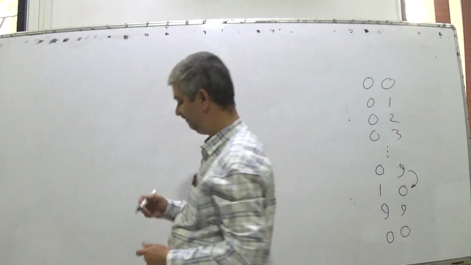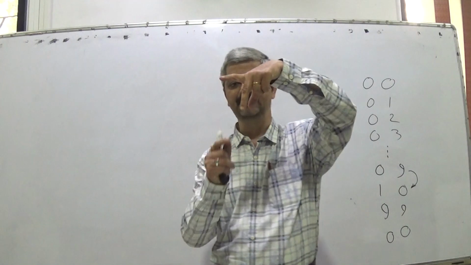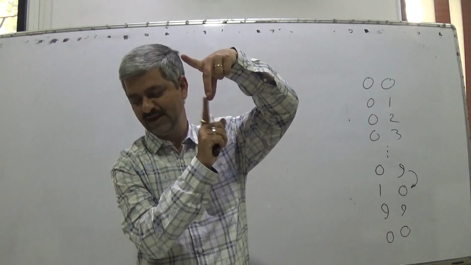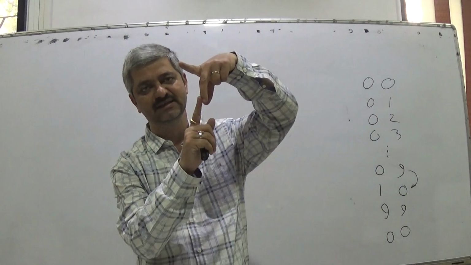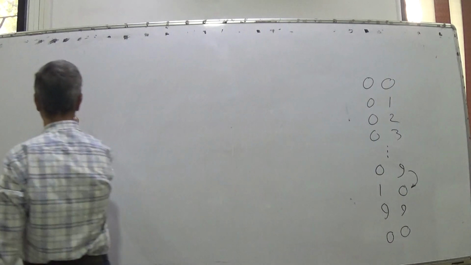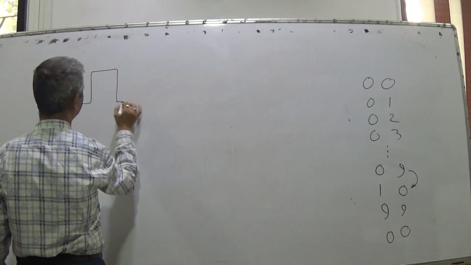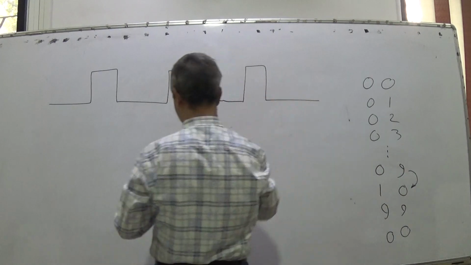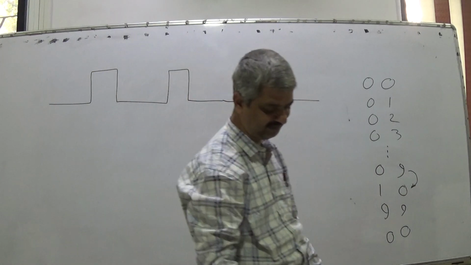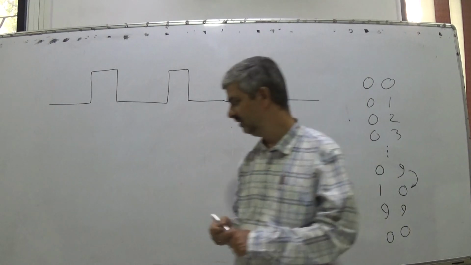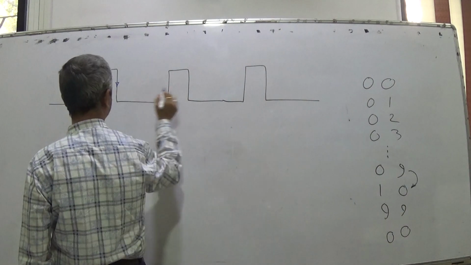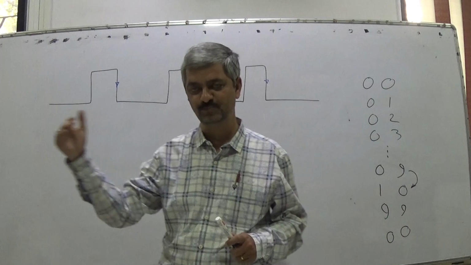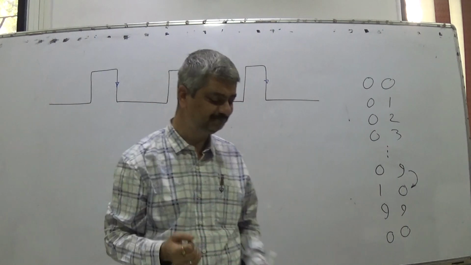So if we have appropriate signal conditioning circuitry at the infrared LED source and sensor, then I will be getting such pulses. A 1 to 0 pulse means one article is passing.